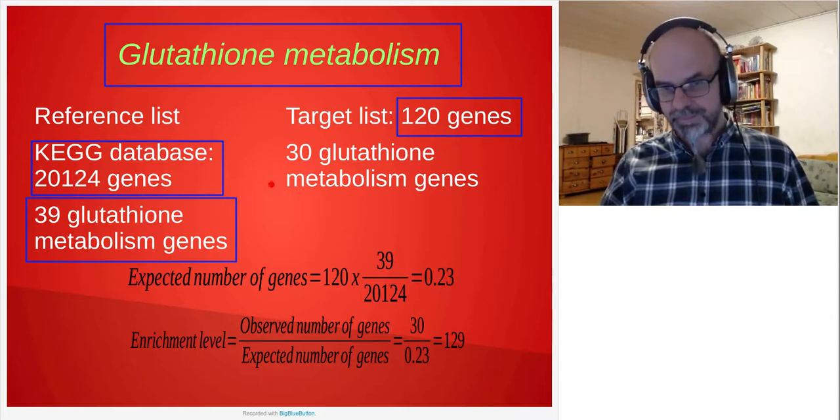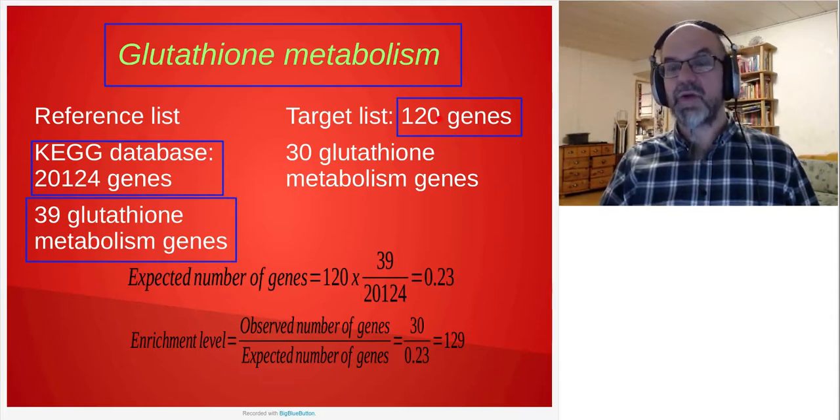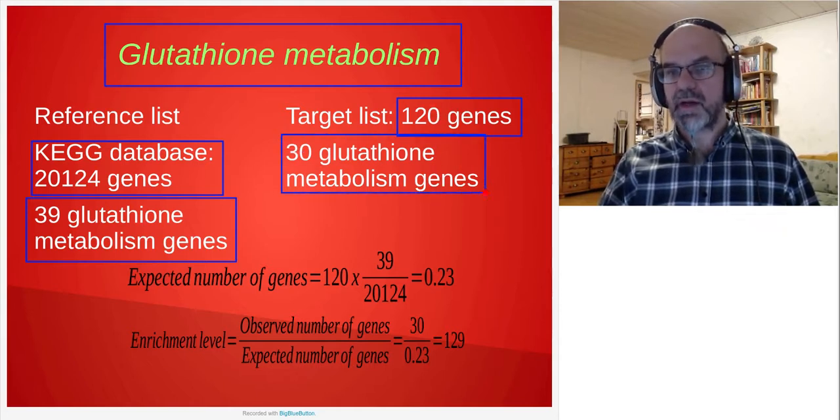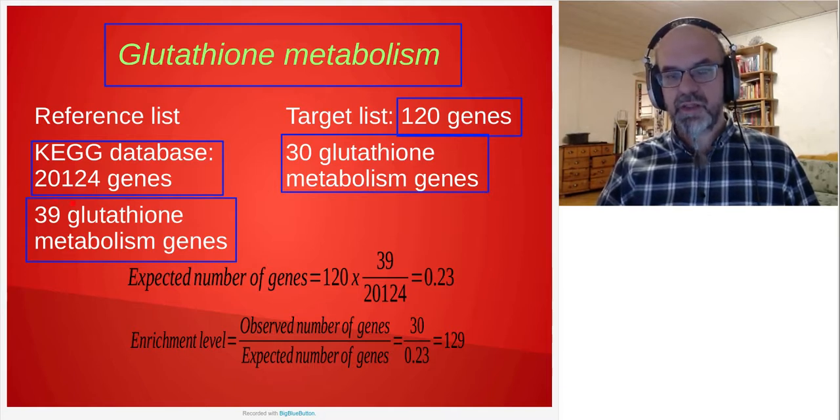So I have my own target genes, which is 120, and 30 of those are annotated with glutathione metabolism. So just have a look intuitively.